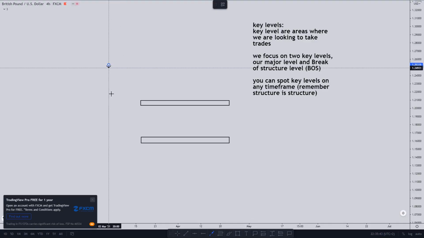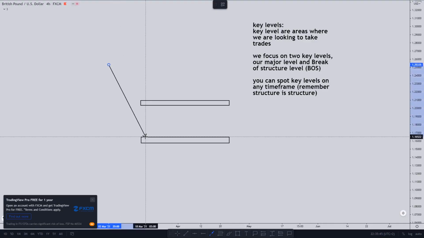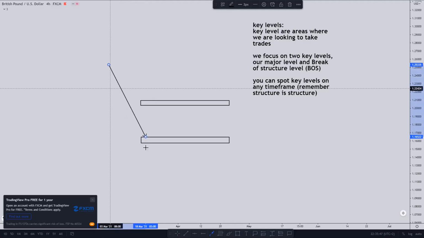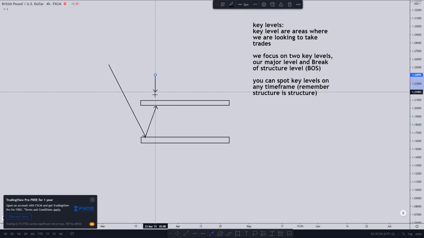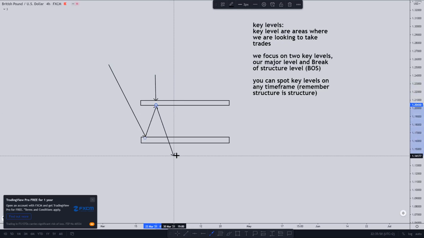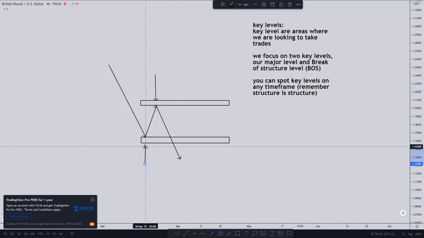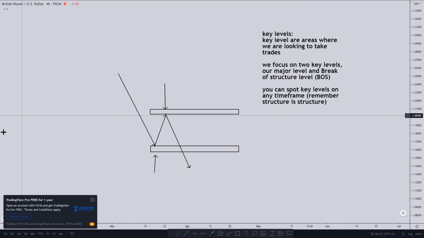Okay, let's go. In this example, we are in a downtrend, and then we create a lower low. Price pushes back up, it gives us a lower high, and then we push down. And then we break the lower low, right? So how do we identify key levels on this structure?